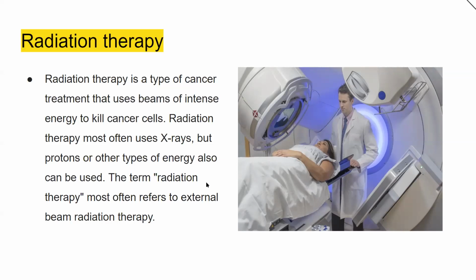Yes, by using radiation therapy, some DNAs of the cancer cells may be damaged or changed, either slowing the progression or killing them.